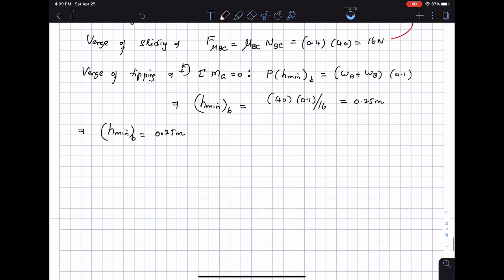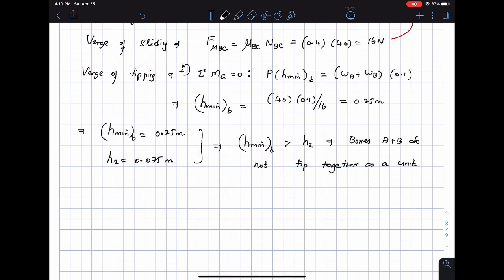So H2 is 0.075 meters, which implies that H minimum B is greater than H2, which means that boxes A and B do not tip together as a unit, which means that we can discard case 5.